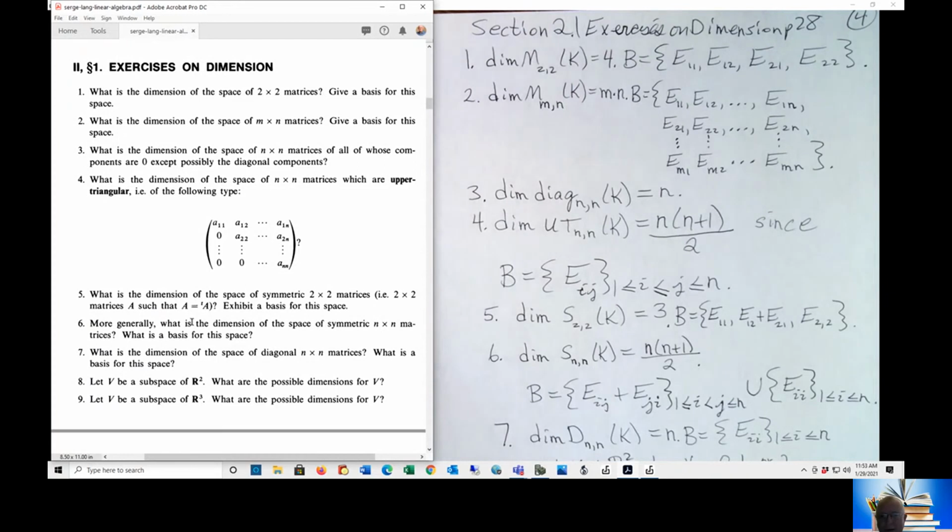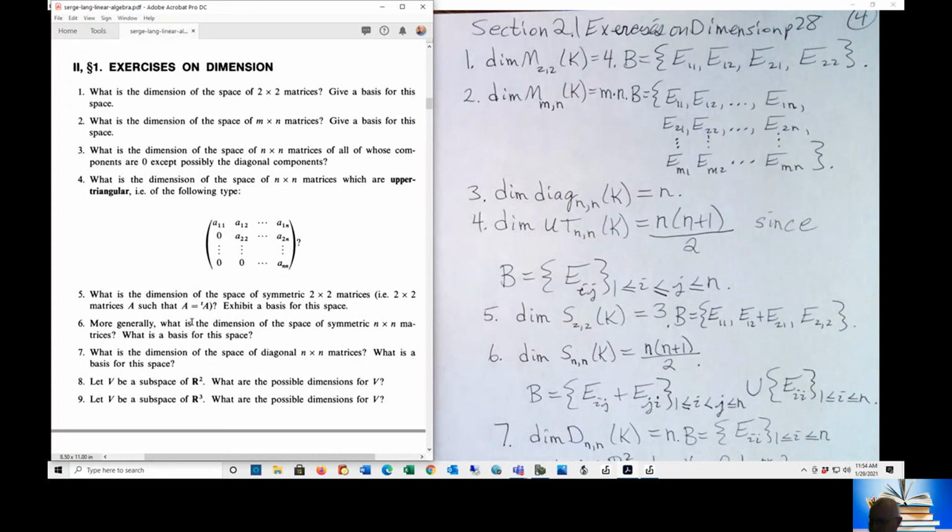Okay. So we claim that the dimension of the space of 2 by 2 matrices is 4. Of course, we know that a 2 by 2 matrix has 4 entries, and a basis for the 2 by 2s consists of elementary matrices.